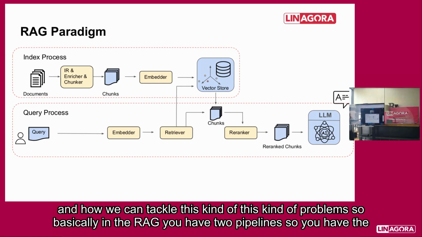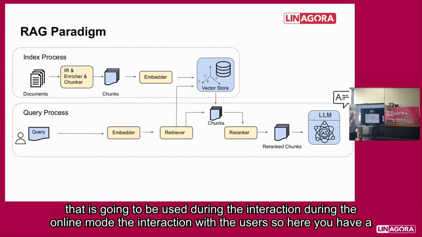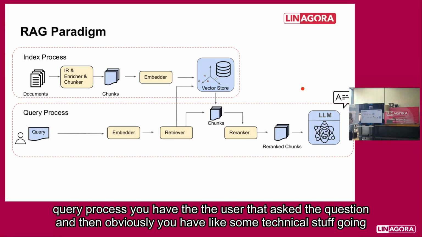Basically, in RAG, you have two pipelines. You have the offline mode. In fact, you start with your documents and try to create a knowledge model or knowledge database that is going to be used during the online mode, the interaction with the users. So here you have a query process.